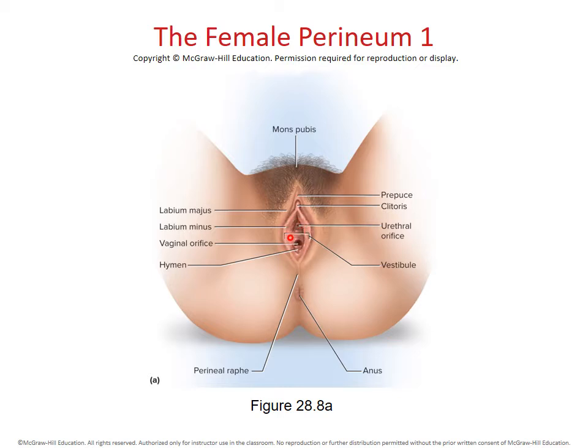And again, in the vestibule we have the orifices, the urethral orifice and the vaginal orifice behind it. And at the anterior end we have the erectile clitoris, and notice the labia minora come together and form a collar of skin around the head of the clitoris, or glans of the clitoris, known as the prepuce of the clitoris.